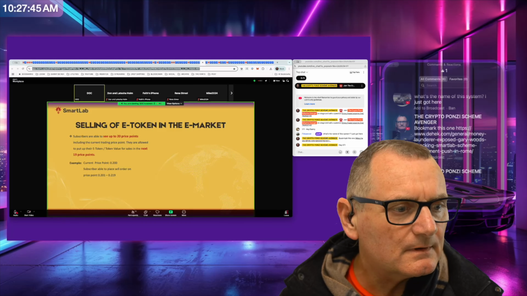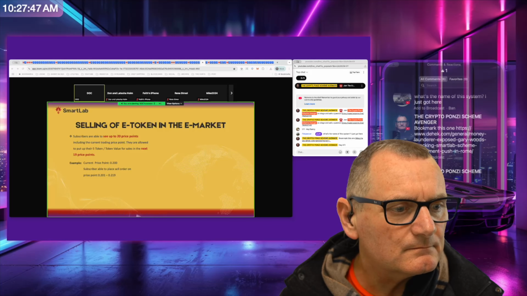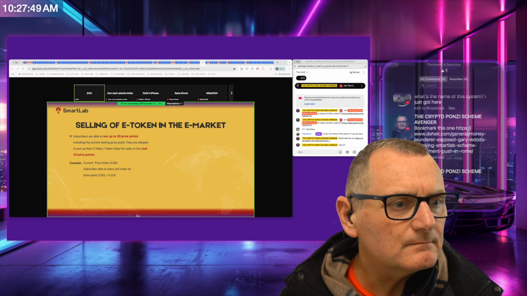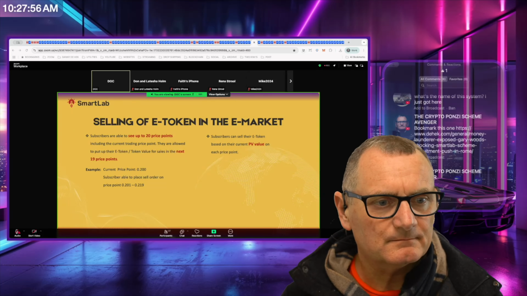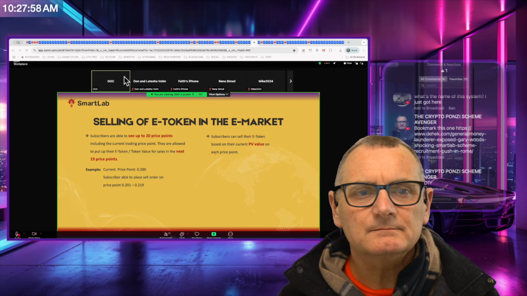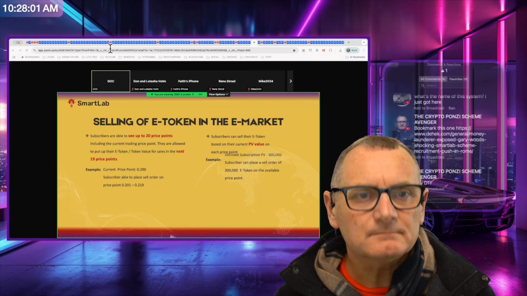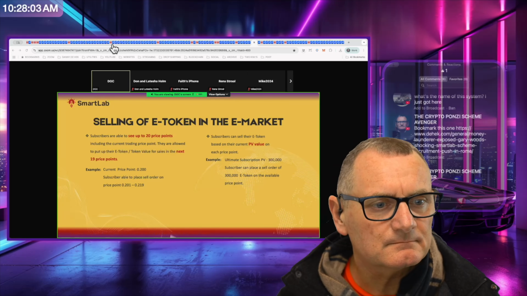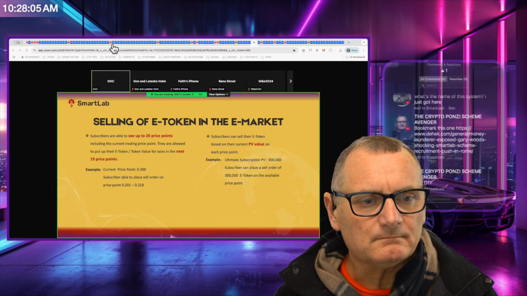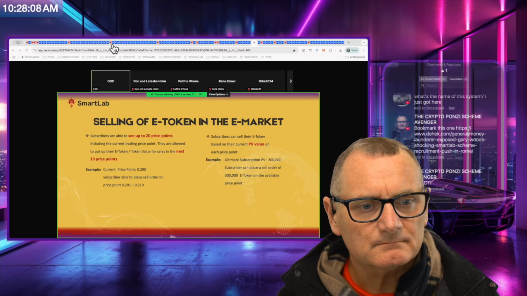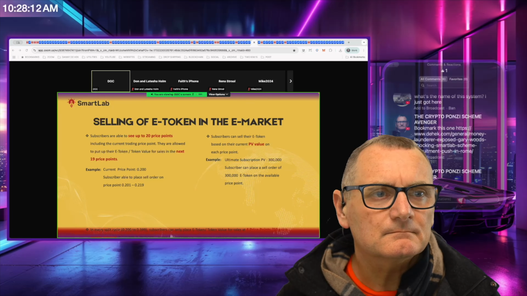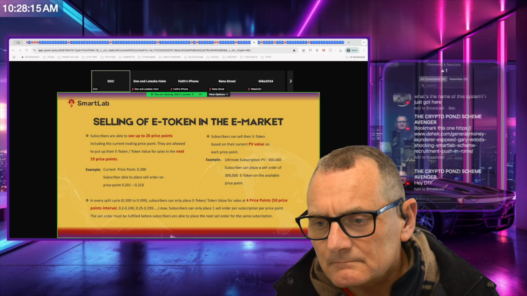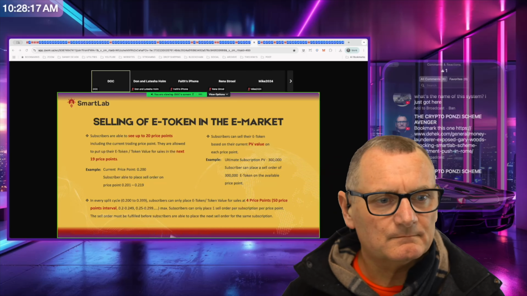And once you put your sales orders in, basically you can do 4 different sell order between splits, but the first one has to be completed before the second one can be processed. Subscribers can sell their e-tokens based on their current PV value of each price point. And if we utilize the ultimate subscription as an example, it has 300,000 in PV. So the subscriber could place a sell order of 300,000 e-tokens on any available price point, and you can do that 4 times between splits.